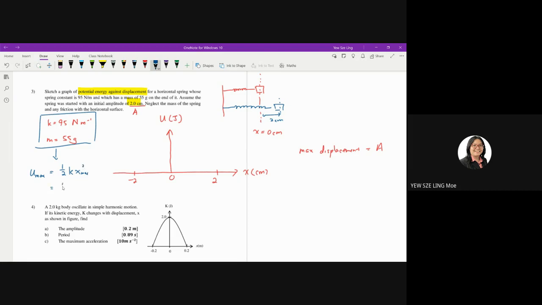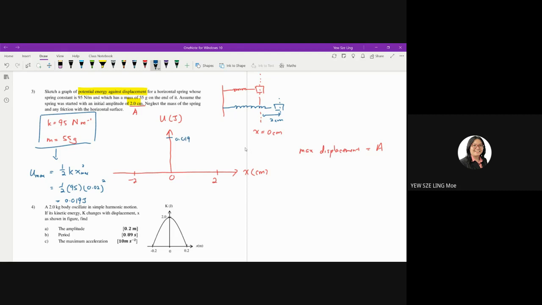So that equals 1 over 2, given k is 95, and maximum x is 2 cm. You need to change 2 cm into meter, so 0.02, and then square it. Eventually you will obtain 0.019 joule. So this is our maximum energy, and this is the thing that we need to label.